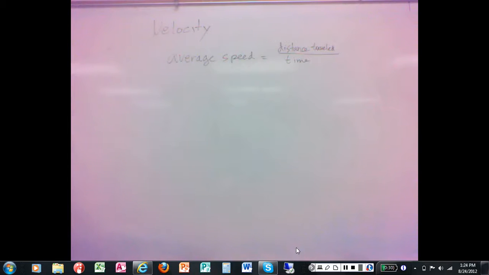Well, what we're going to get to, hopefully, by a similar process of the slopes of the secant lines and tangent lines, is we're going to get to where we can actually determine an instantaneous velocity.